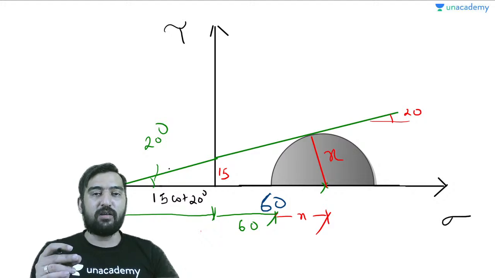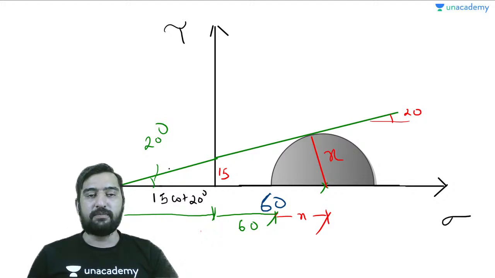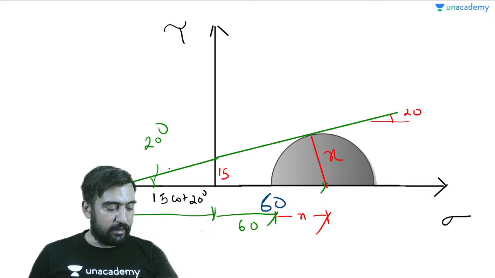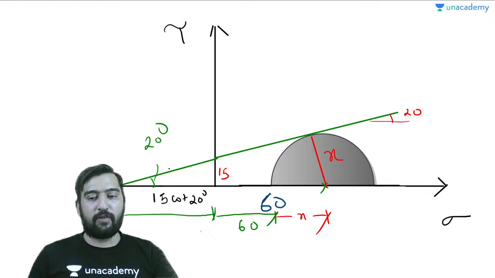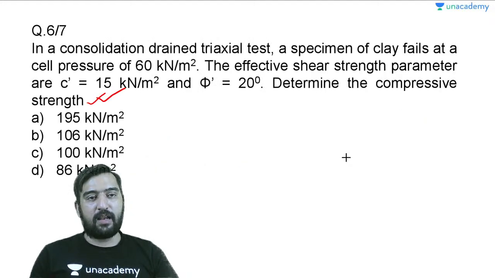Shear strength means once I draw the Mohr circle, then I can achieve all those things which can be very confusing with the help of the formulas, isn't it? So Rupesh Pal is saying 106, and let me check whether this is in the options or not.